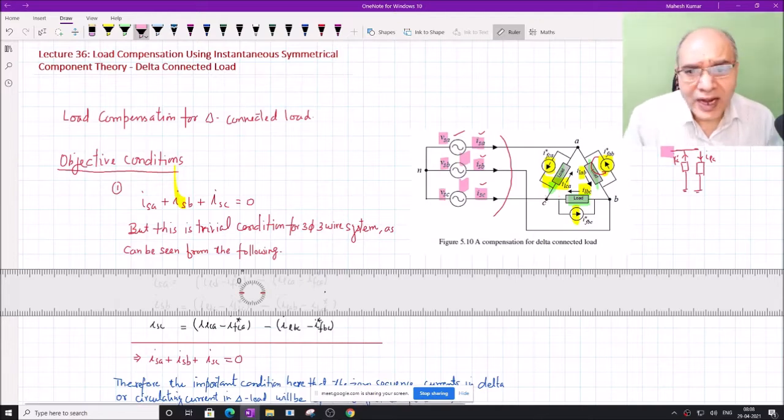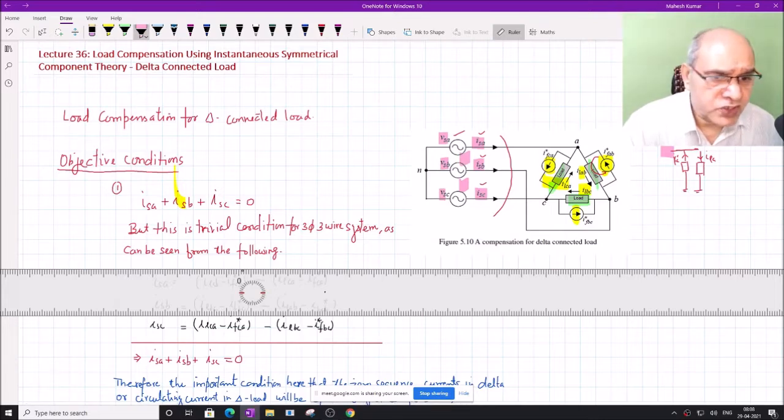Actually, in concept the problem is similar to the previous one. There is some change in the formulations, particularly the summation of currents ISA, ISB, ISC equal to 0 after compensation.